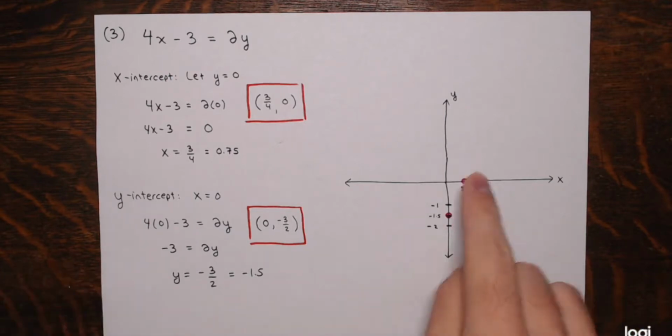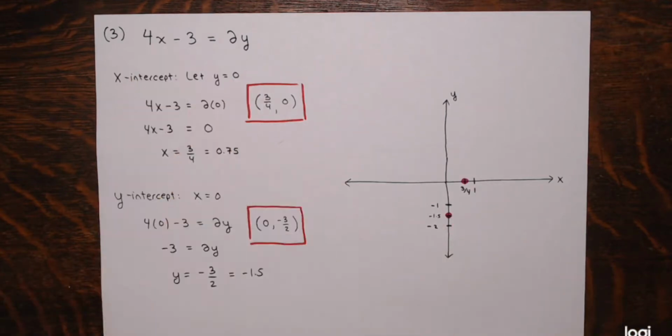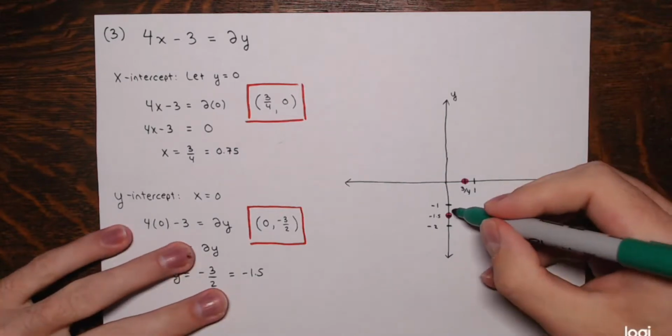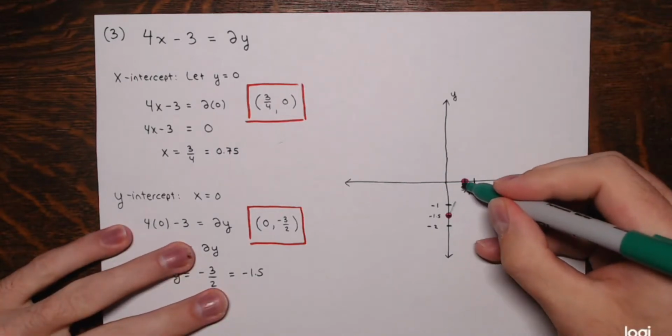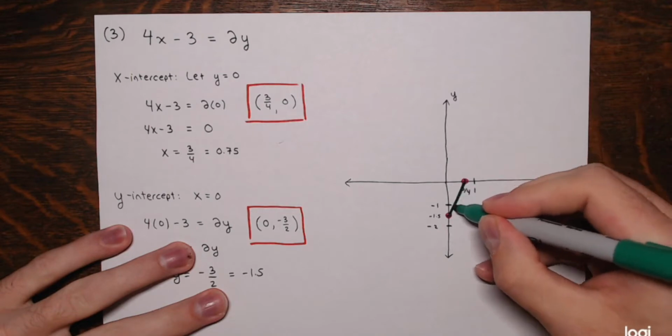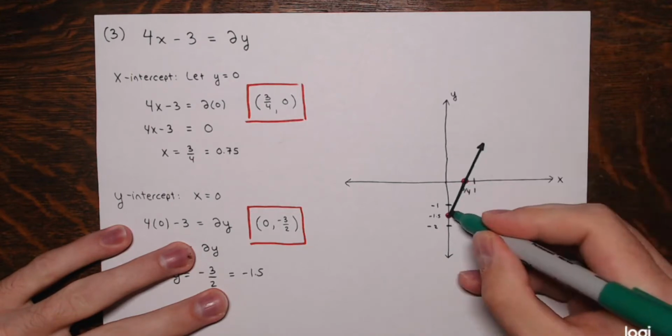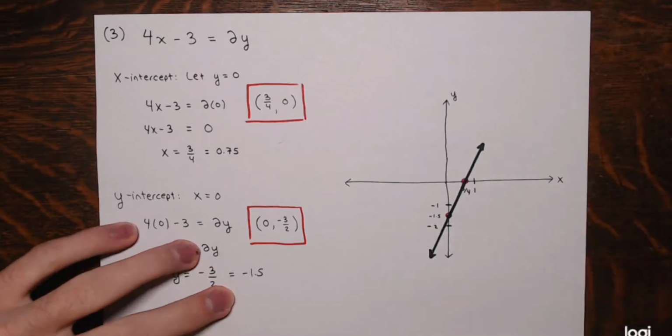And now that I have these 2 points, I recognize this as a linear equation, right? X to the first, y to the first, and no variables in denominators or special symbols. The rest of the points that satisfy this equation should fall on this line here, right? That goes up to the right and down to the left.